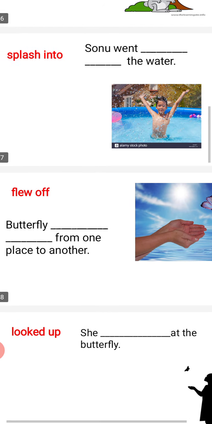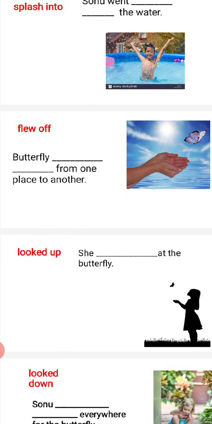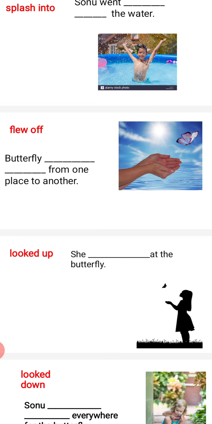Here you can see the picture. Flew off. Butterfly flew off from one place to another. Flew off, it is a phrase. It does not have complete sense. When we put in a sentence, we get a complete sense. Butterfly flew off from one place to another.